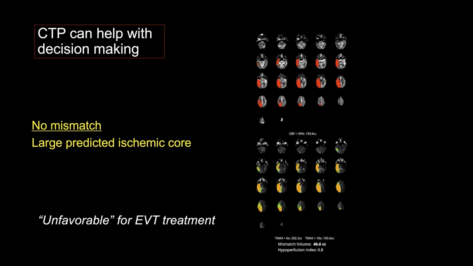Now, one thing I want to highlight, you will see that I'm using the term predicted ischemic core because we know that the CTP, although a useful tool, is helpful in predicting. Sometimes that might not be the true core. And of course, this is a whole complete discussion. What is the true core? What is the predicted core? But for practical purposes, CTP does give us a gauge of a predicted core.